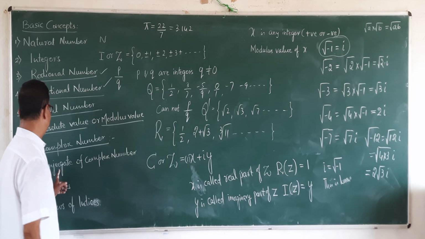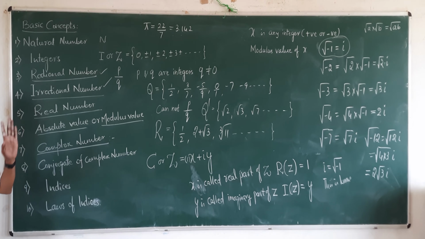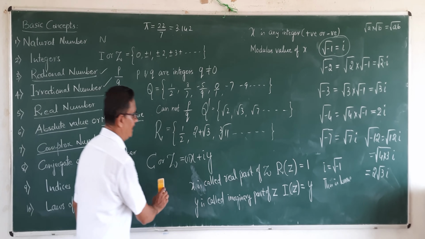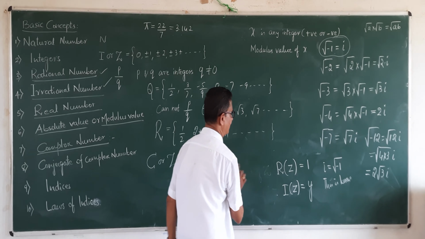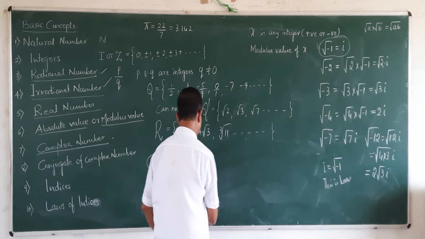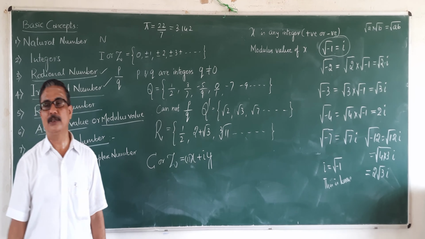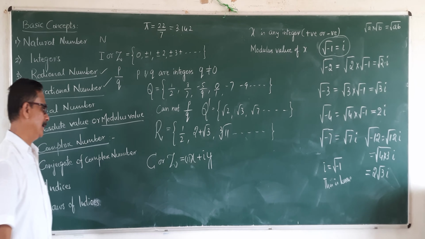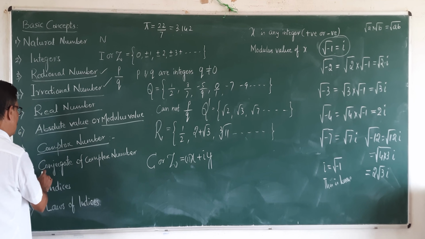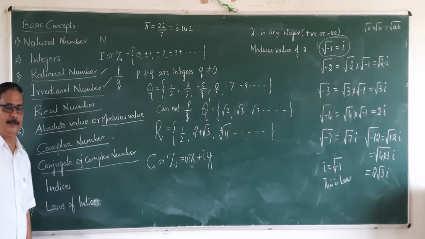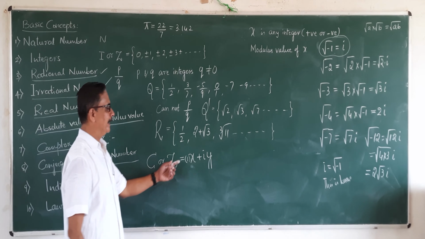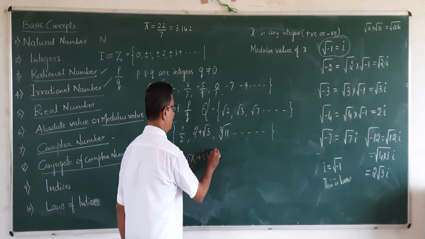Next definition, conjugate of a complex number. You will get a 1 mark question in the annual exam: what is the conjugate of the given complex number? Look here, define conjugate of a complex number. Let z be a complex number x plus iy.